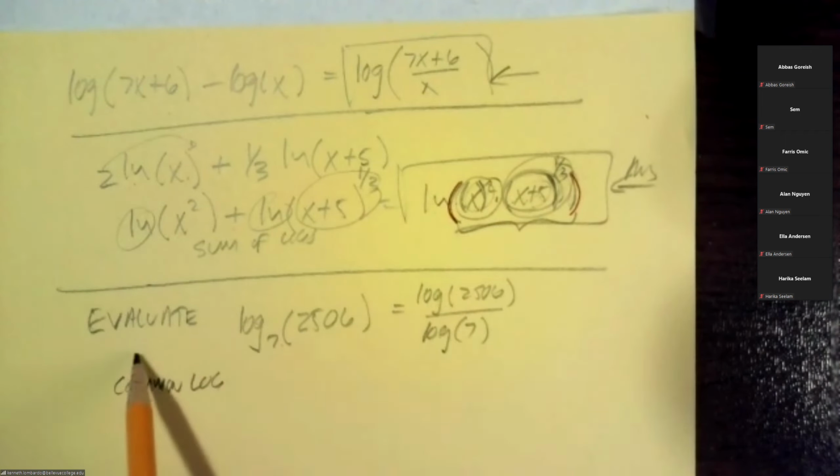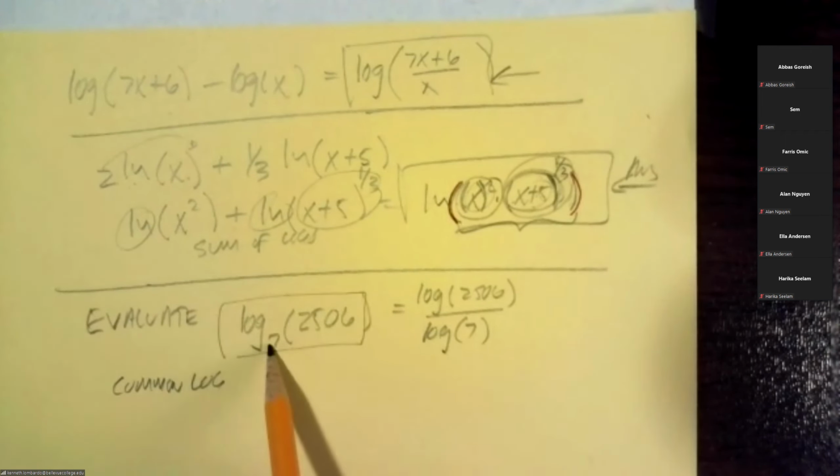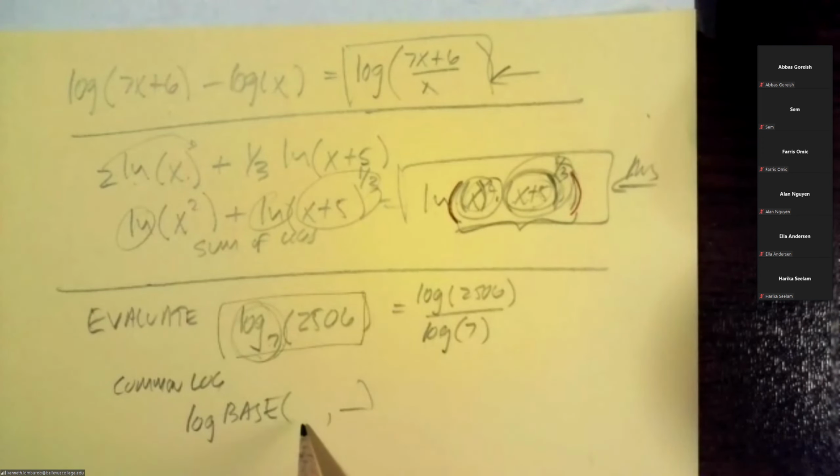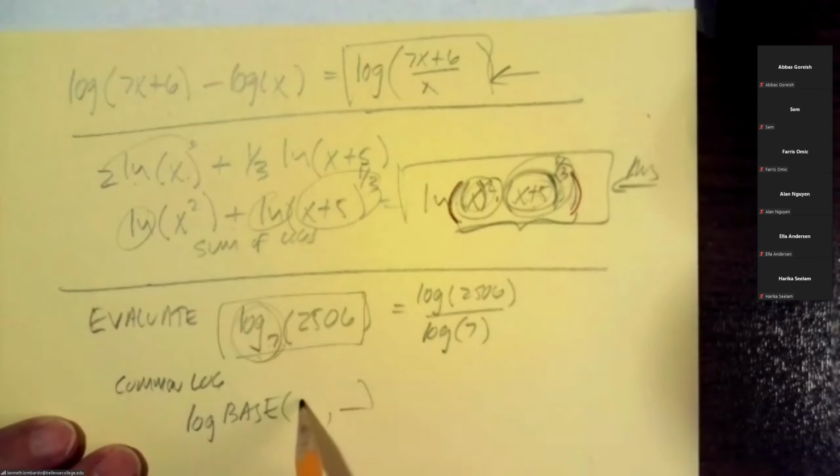Okay, so we can evaluate something that looks like this without having to find out a log base 7 as the actual function. I will show you that a little bit later, that we actually have a log base where we can put in a different base here. So if I said, for instance, log, this is an actual function that exists in your calculator. If I said 25 and 5, this is the base, and this is the value that we're trying to find.